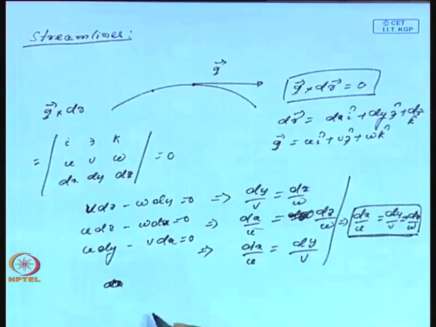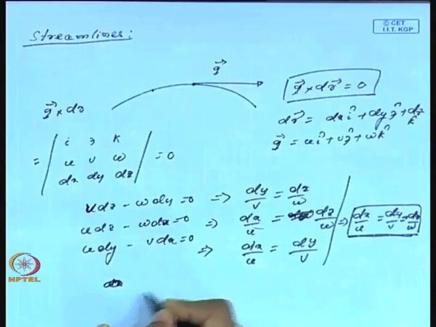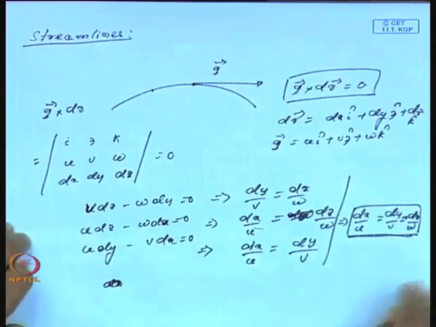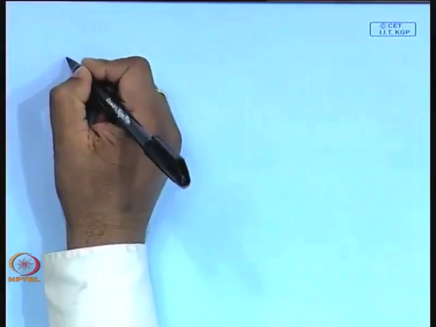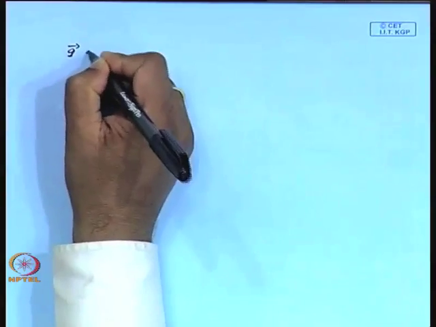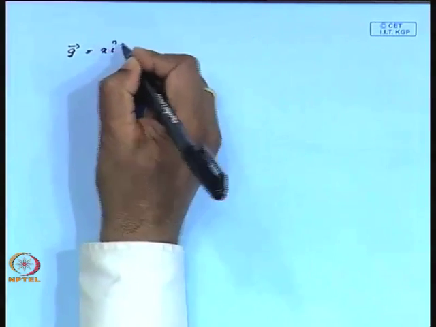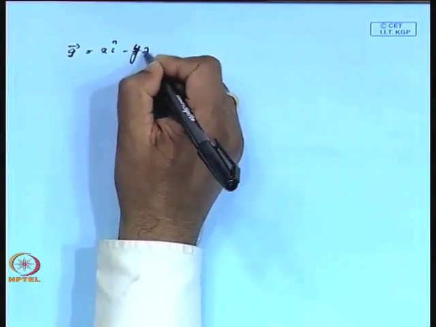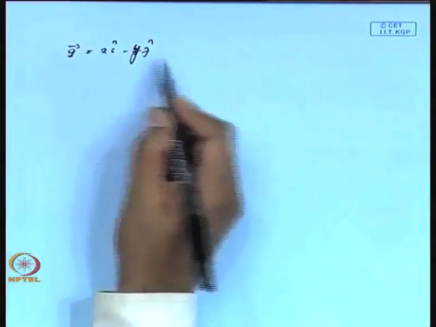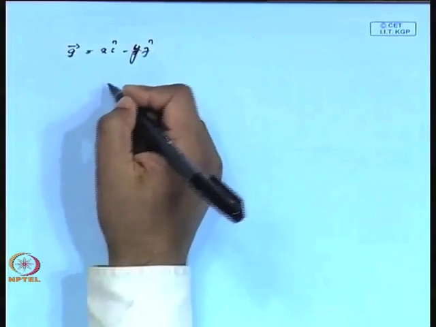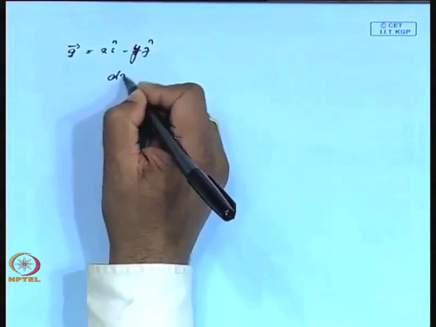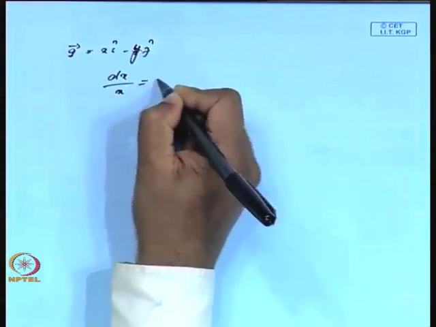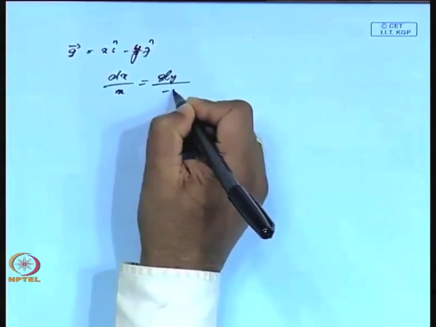Now, let me take a simple example to understand what it means. Say my velocity vector q bar is x i hat minus y j hat. If this is the velocity vector, what will my streamlines be? The equation of the streamline will be dx by x equal to dy by minus y.